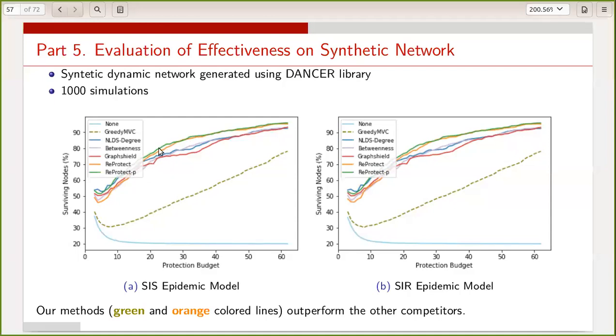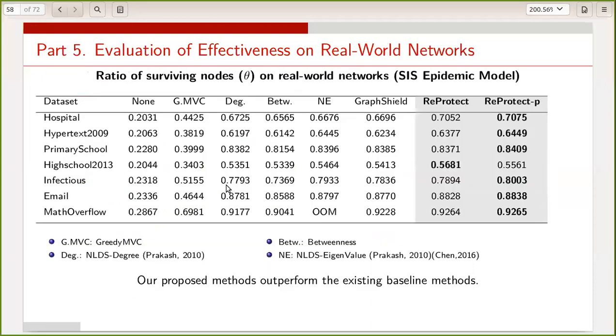We can see here that with the increasing protection budget, our method, ReProtect and ReProtect P, the green one and the orange one, are always outperforming the other competitors in the dynamic network here.